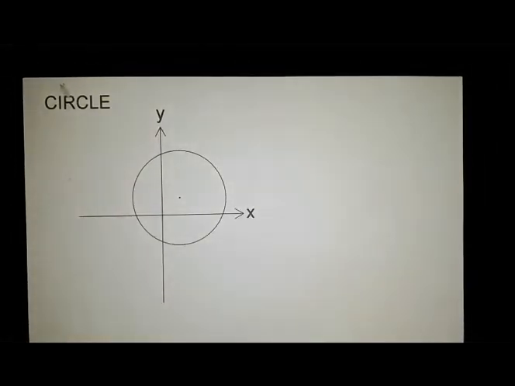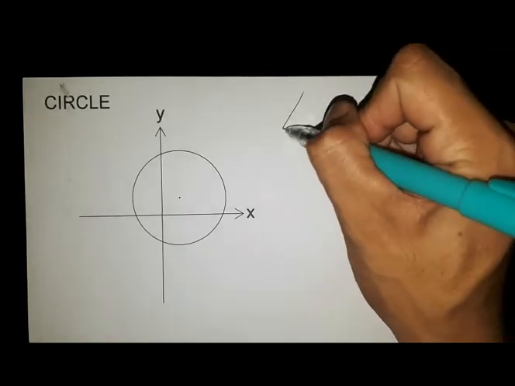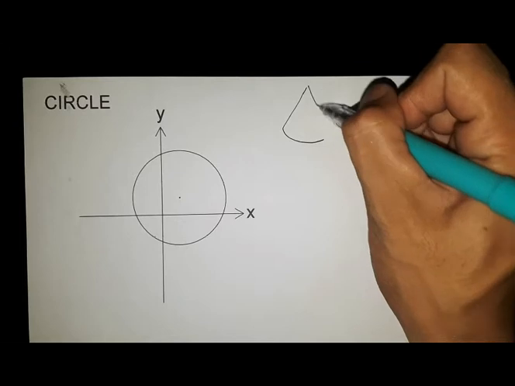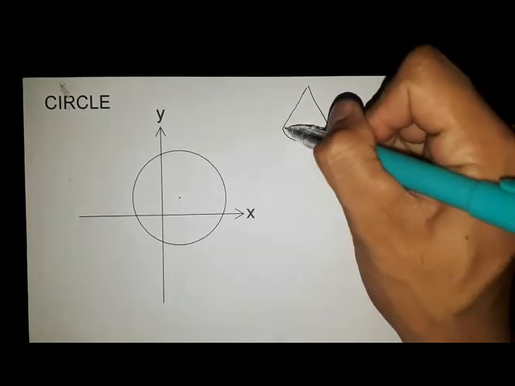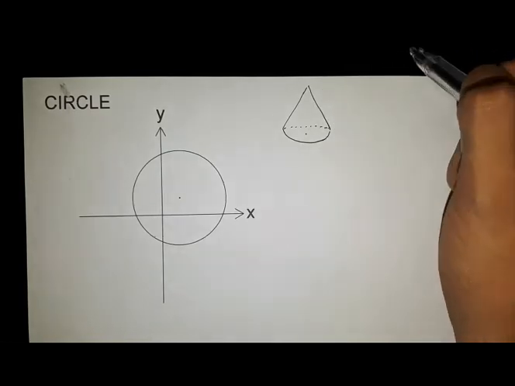A circle is a conic section created by cutting a plane parallel to the base.